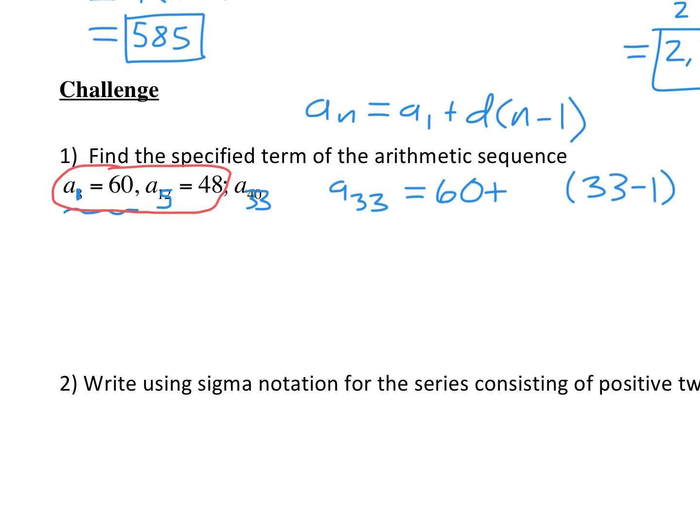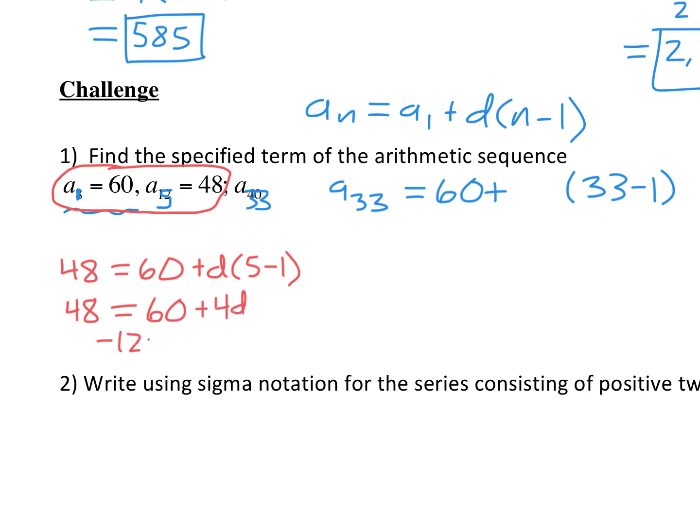So now I'm pretending that A5 is AN. 48 equals 60 plus D times 5 minus 1. Right, 60 plus 4D, negative 12 equals 4D, so D equals negative 3.